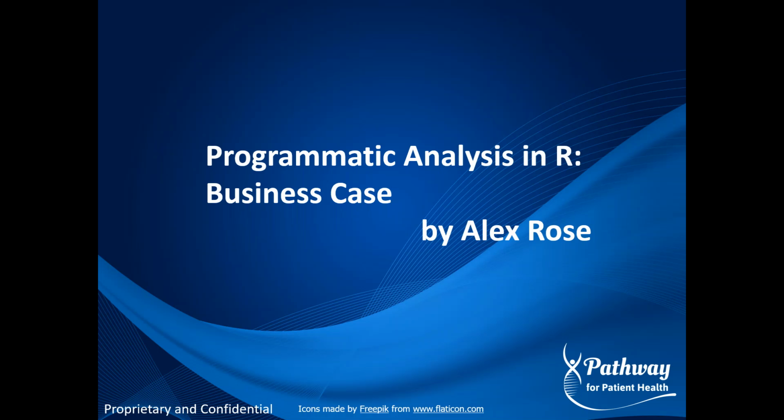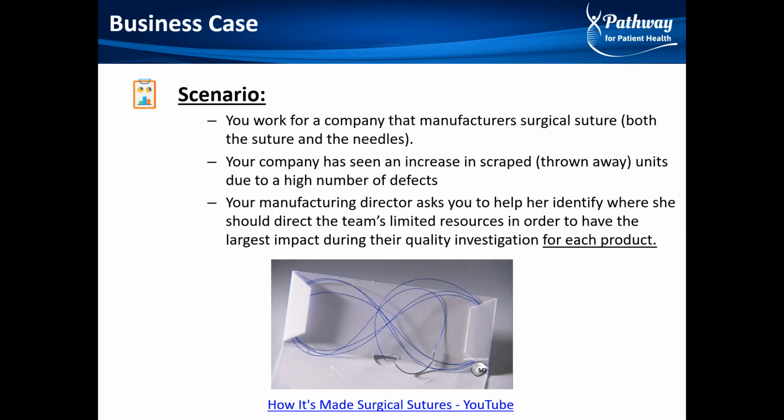Now, I want to also set up the business problem or the business question that we're going to try to answer through this analytical approach and give you a little bit of context around that. So for this particular scenario, let's pretend that you work for a company that manufactures surgical suture, both the filament or the suture and the needles themselves.